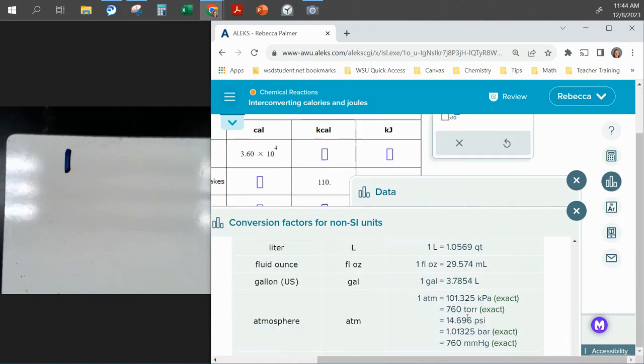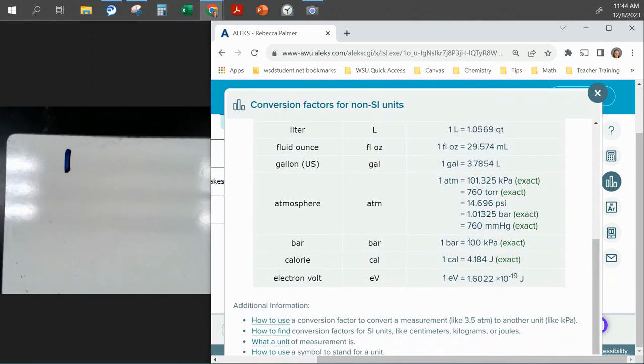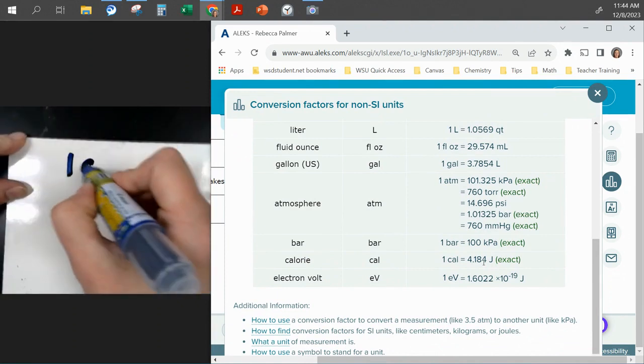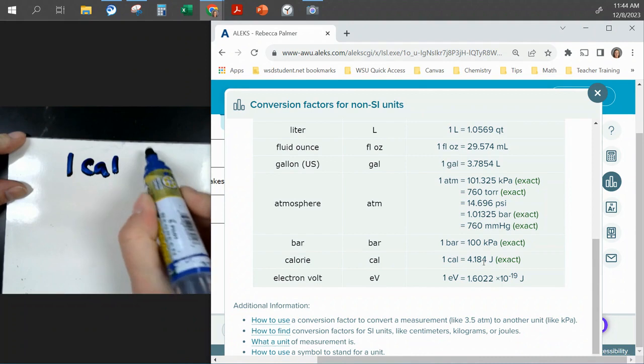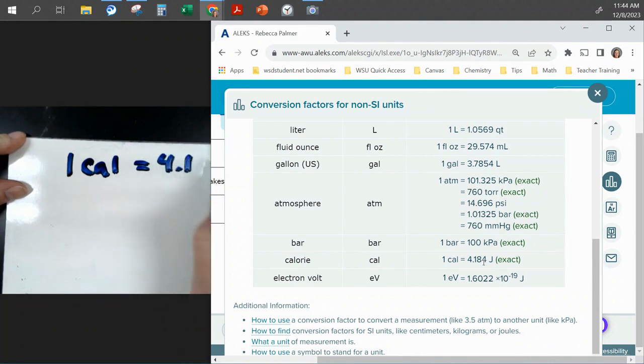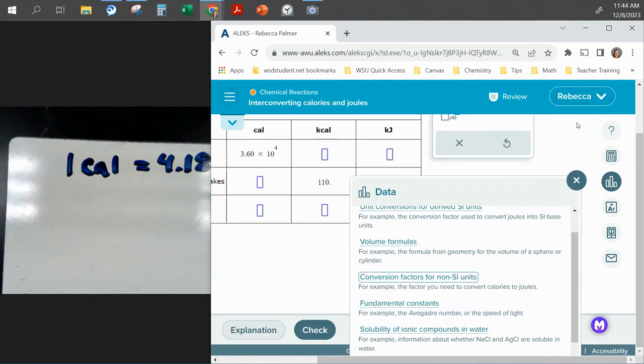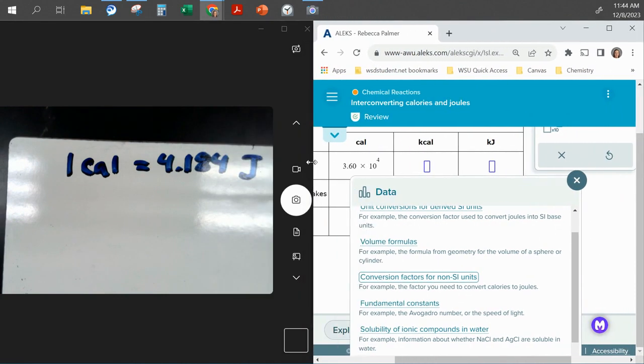It's towards the bottom. So if you do forget this, or you can't read your handwriting, then 1 calorie is 4.184 joules. Okay. So that's something that will be on the test, so I would make sure you have that.